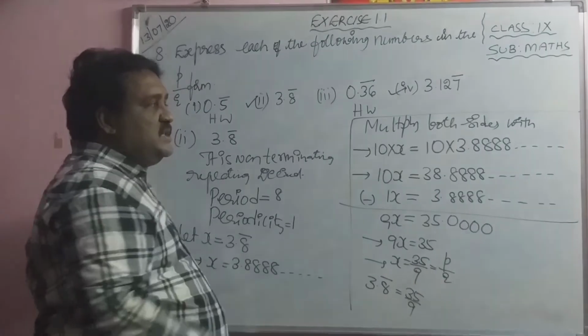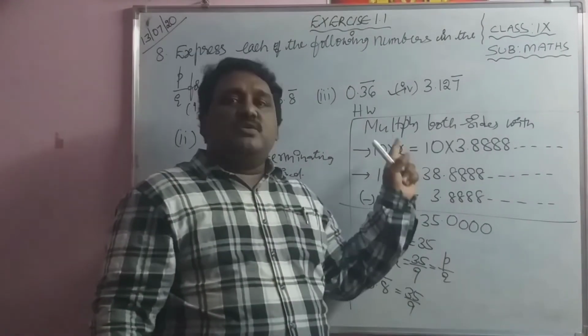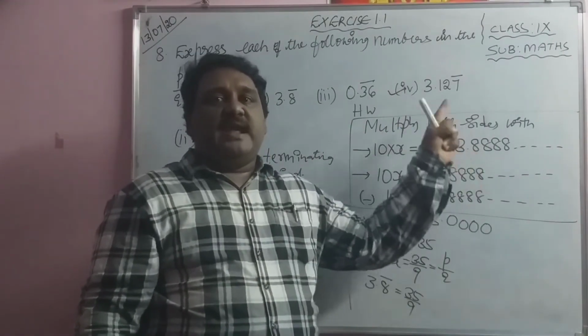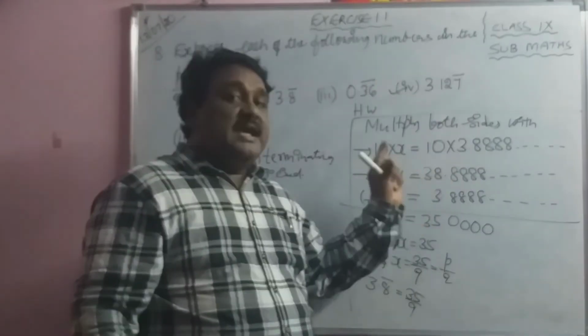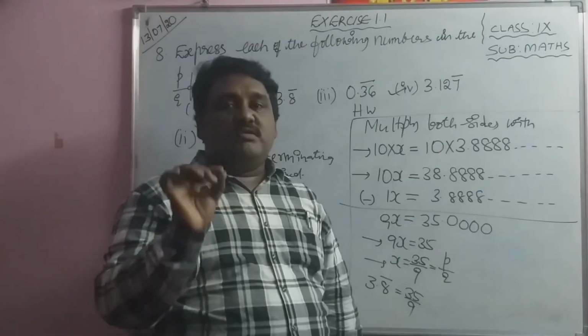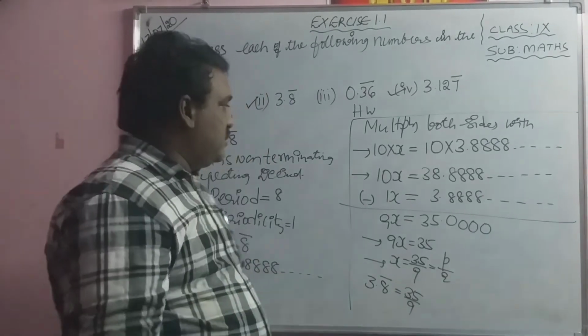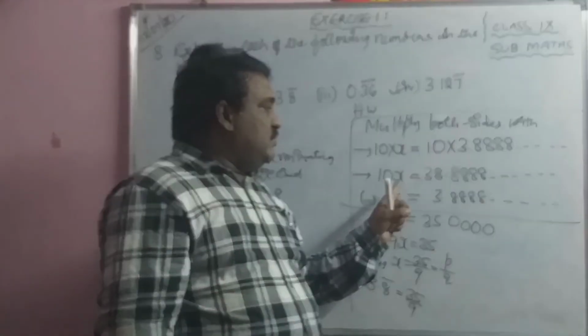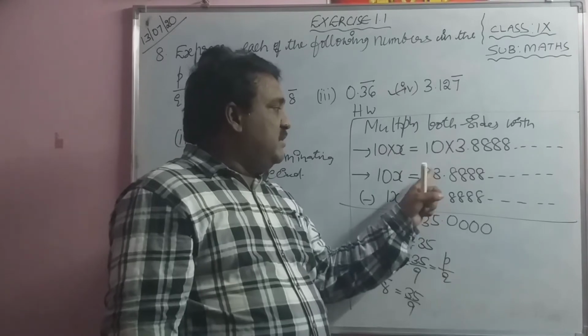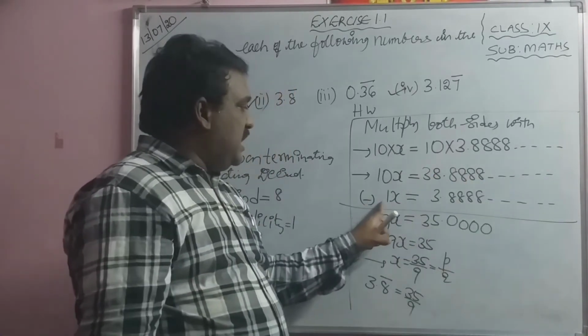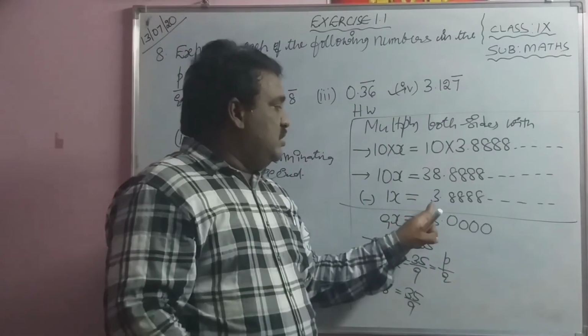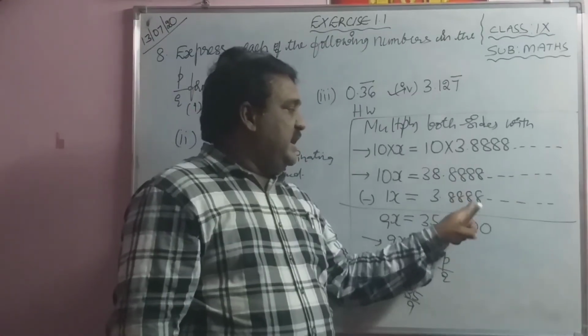So multiply both sides with 10. 10x equal to 10 into 3.8888 and so on. The decimal point moves one place towards the right, so 10x equal to 38.8888 and so on. 1x equal to 3.8888 and so on.